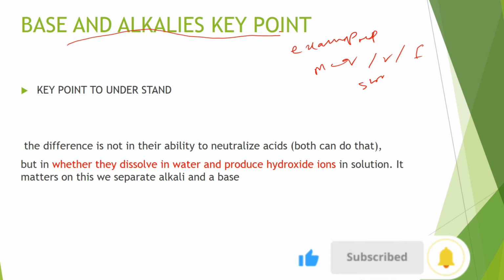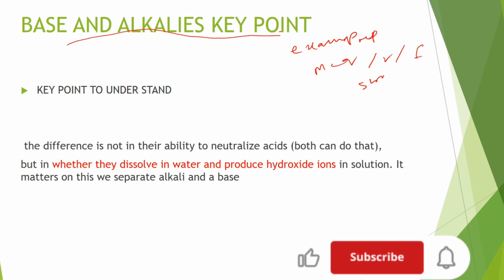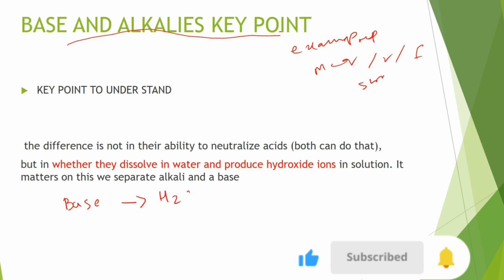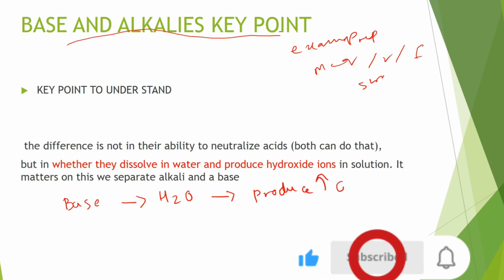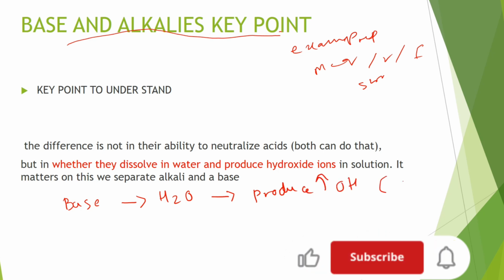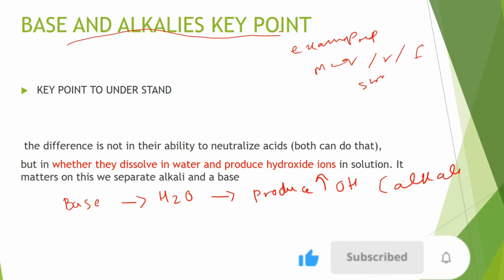The key point that you must understand is this: the difference is the solubility in water. If the base dissolves in water and produces hydroxide ions, we can tell that this is an alkali. If it does not dissolve, we will simply call it a base. So if any base is dissolved in water, it will produce hydroxide ions, so this is an alkali.